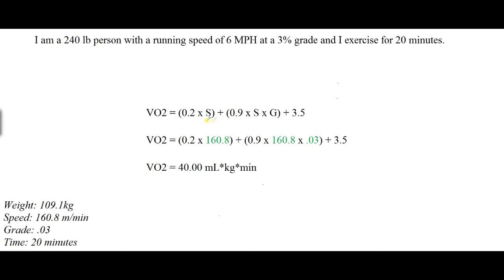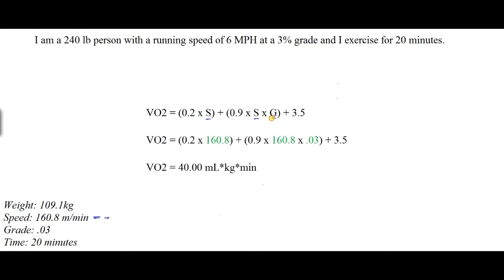Let me quickly go over this again and make sure that you understand it. The S is supposed to represent the speed right here, and we're just going to be plugging in the converted speed. Then we've got a constant here, and we've got speed again, which we just plug in as that 160.8 meters per minute.